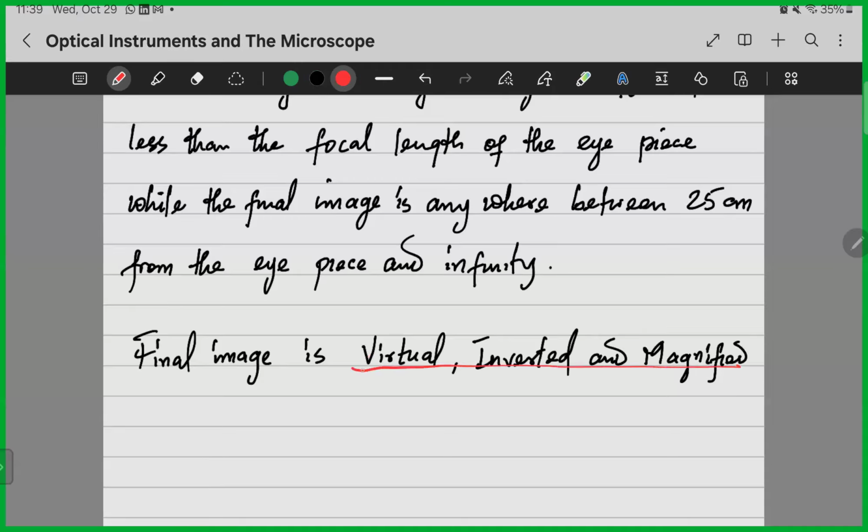We can quickly talk about something called the modified compound microscope. Let me put that down. Number 3, modified compound microscope.